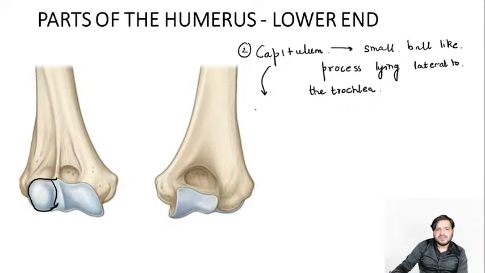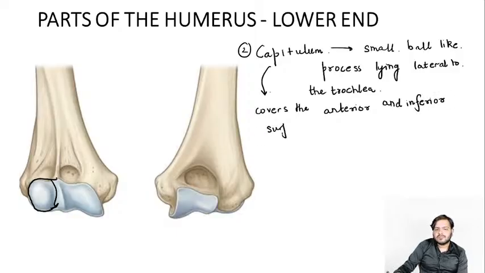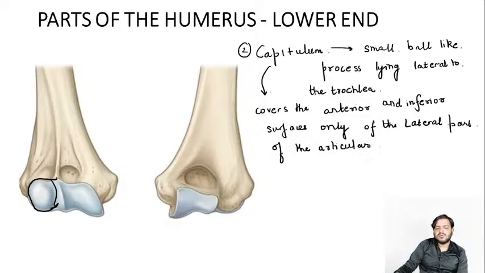Remember guys, the capitulum covers the anterior and inferior surfaces only of the lateral part of the articular surface of the lower end.